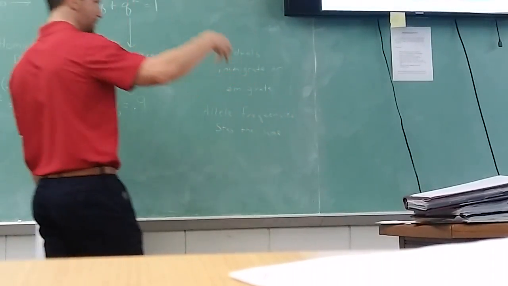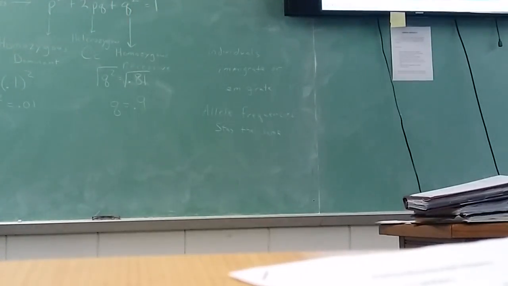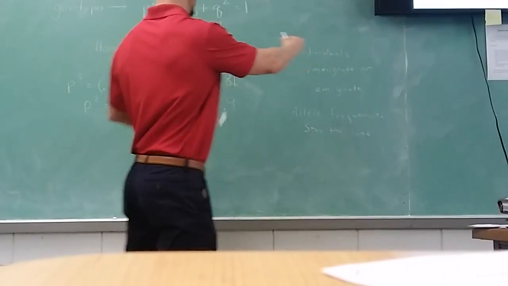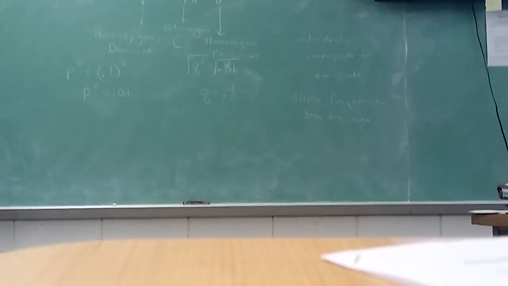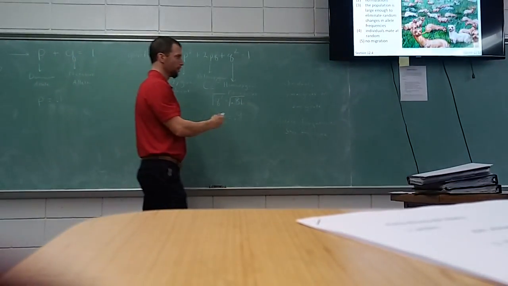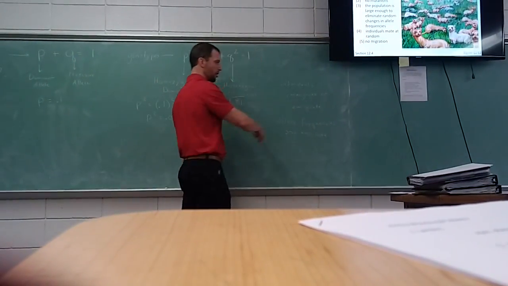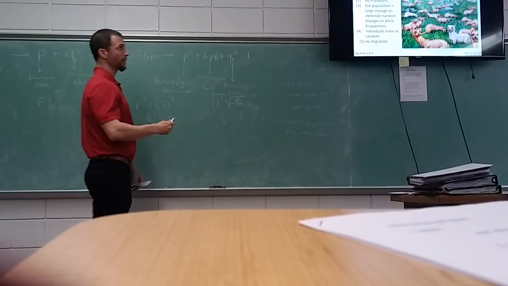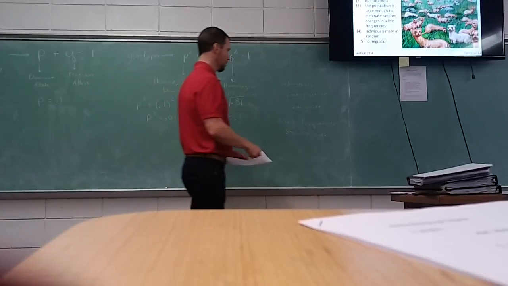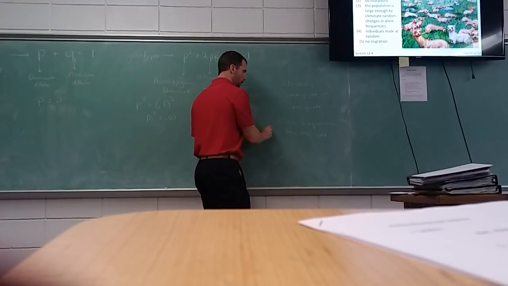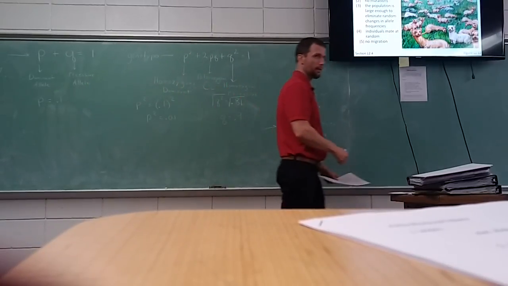Evolution happens in a population, and if you're not having any alleles changing, then Hardy-Weinberg equilibrium, all this math that we do, will make sense and work. But if allele frequencies are changing at all, Hardy-Weinberg equilibrium will not occur. It will occur if all the allele frequencies stay the same.